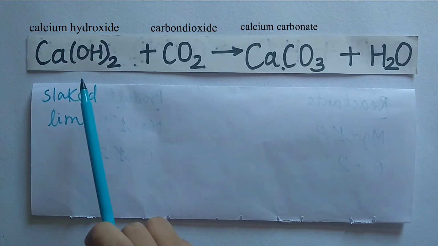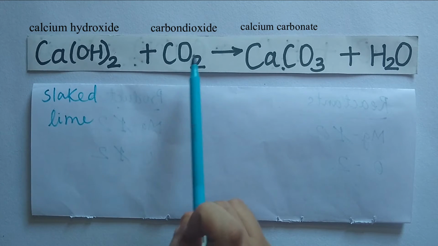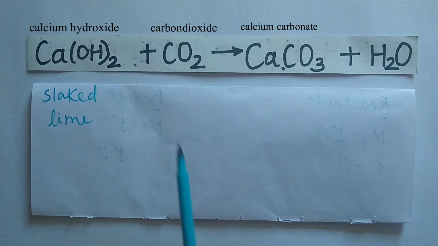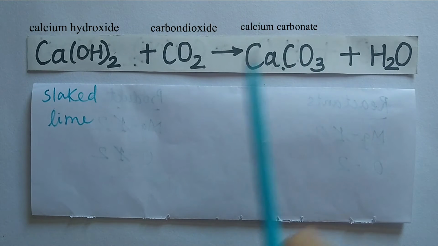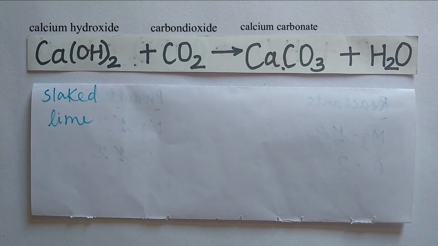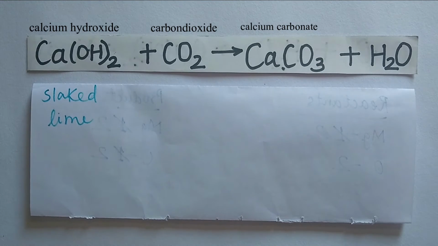So, for whitewashing, we need Ca(OH)2 to react with carbon dioxide to give us this layer of calcium carbonate on the wall. And if you do this process for 2 to 3 days continuously, then you will find a shining finish on your walls.